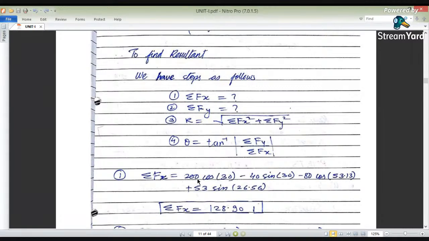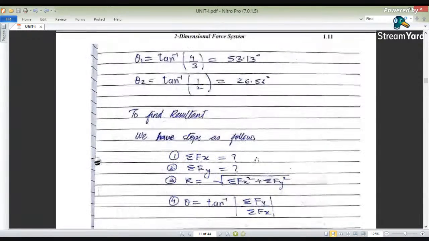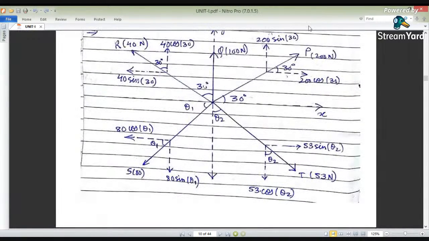So first we will club all the horizontal components. In this figure, the horizontal component is 200 cos 30, which is moving right side. So plus 200 cos 30 will be the first force. What about the second? Second is again 53 sin theta 2. Theta 2 we have already calculated. Again it is in the right side direction. So these two are on the right side, therefore positive.